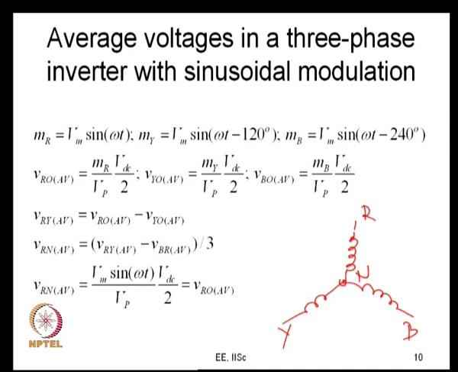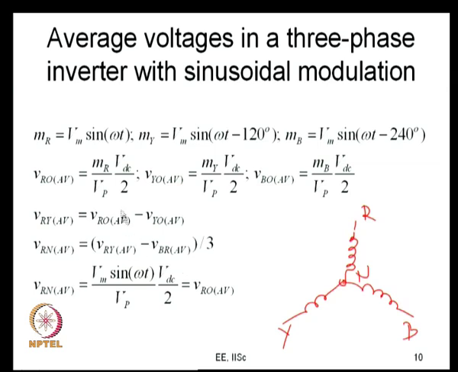This neutral N is the load neutral, and this is different from the DC midpoint O. So, if you want to find out VRN average, if the load is balanced, then what you can do is VRN average is 1/3 of VRY average minus VBR average.